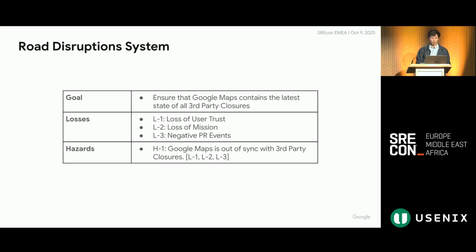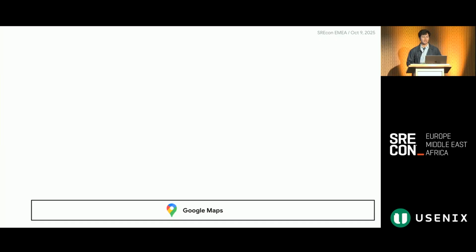Now, for the road disruption system, our hazard state is that Google Maps is out of sync with third-party road closures. Those of you who are paying close attention might realize that we're almost always in the hazard state in the way that we've designed our system, right? That database is updating all the time, but we sync every 5 minutes. So we're almost always in our hazard state. So that's pretty interesting. Okay, next step.